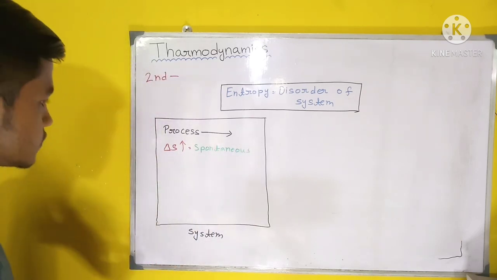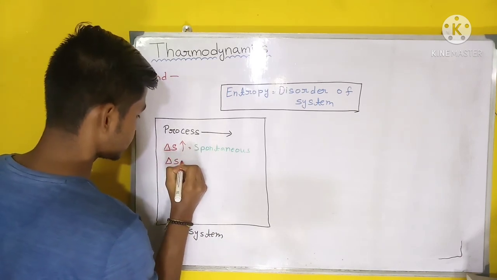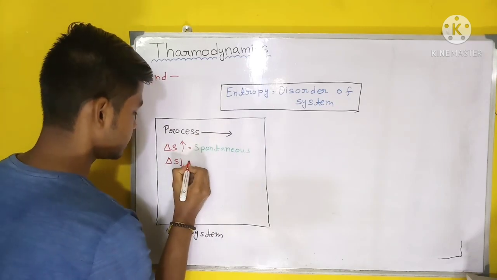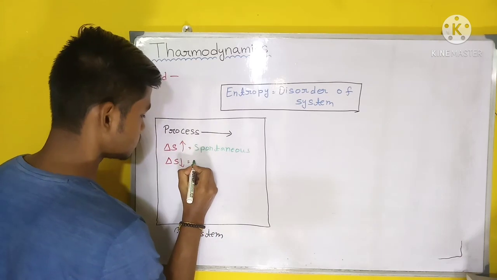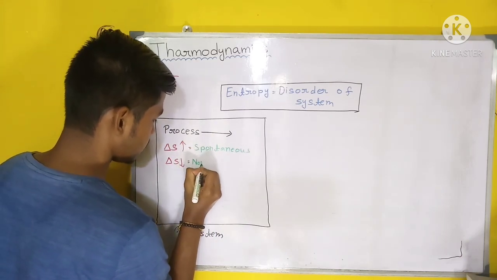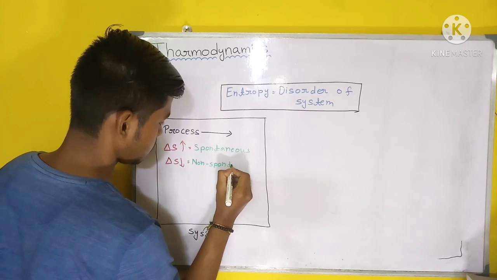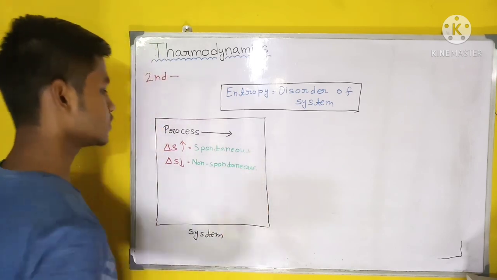And if, guys, del S decreases, the entropy decreases, then this process will be non-spontaneous.